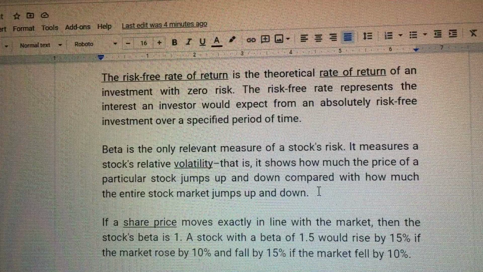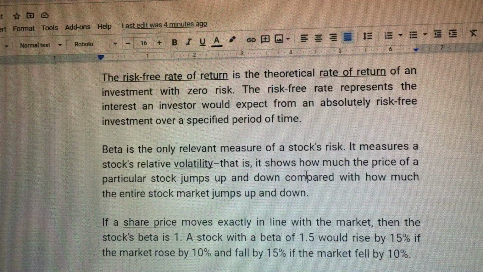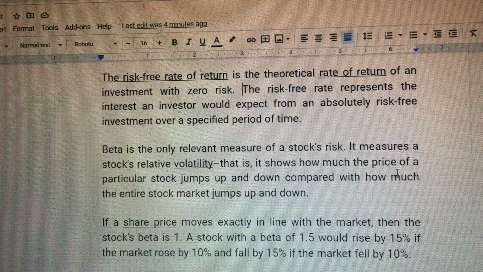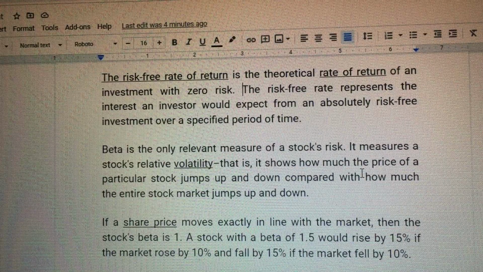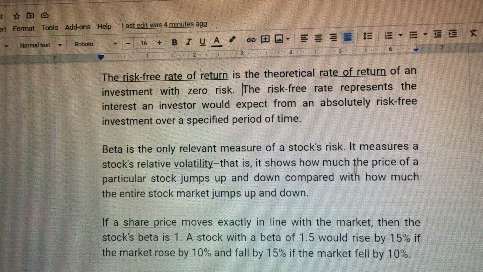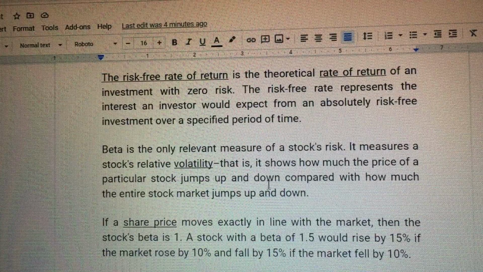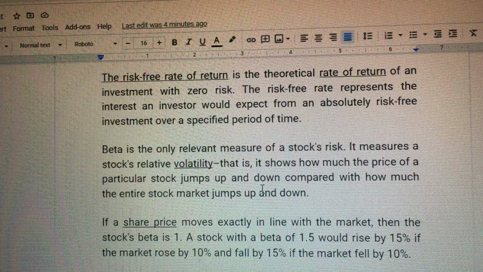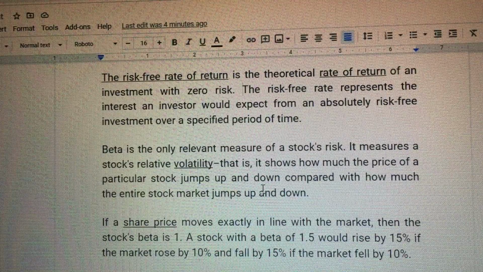Beta measures kung pila gyud ang particular price sa pagsaka ug ang pag-ubos sa stocks.